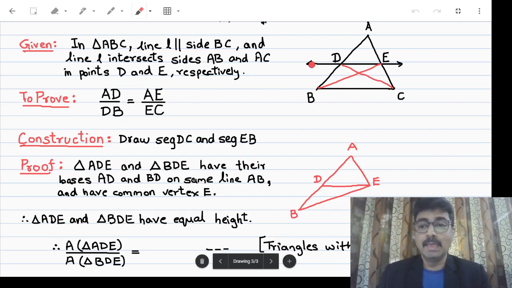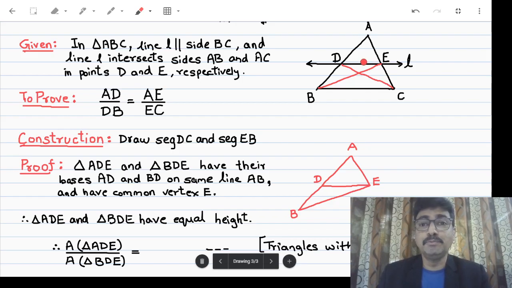So here we have the line L. So we have line L parallel to side BC of triangle ABC, and line L intersects sides AB and AC in points D and E respectively, which we have seen in our explanation also. So L intersects AB at point D, L intersects AC at point E. That's given.